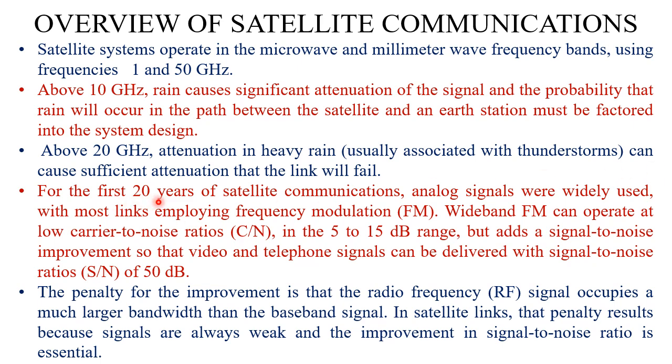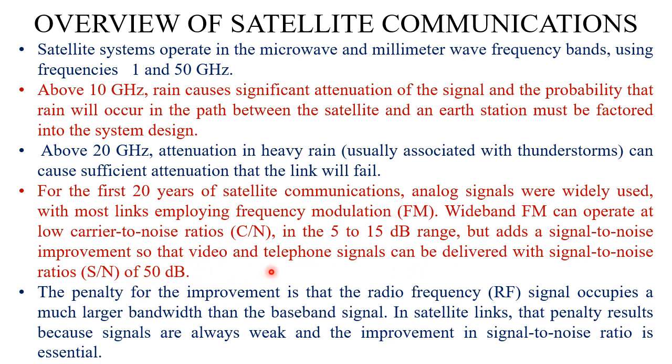Now, for the first 20 years of satellite communication system, analog signals were widely used, with most links employing frequency modulation. Obviously, wideband FM can operate at low carrier to noise ratios C by N that we have already understood from FM technology in the 5 to 15 dB range, but adds a signal to noise improvement so that video and telephone signals can be delivered with signal to noise ratios of 50 dB.